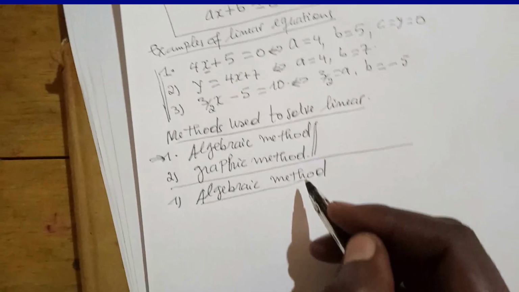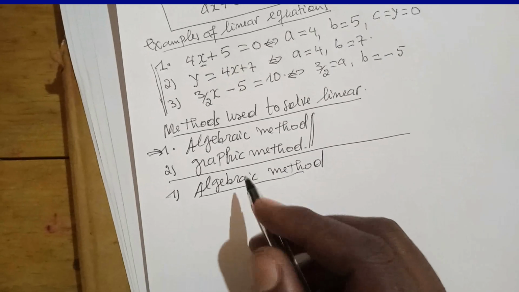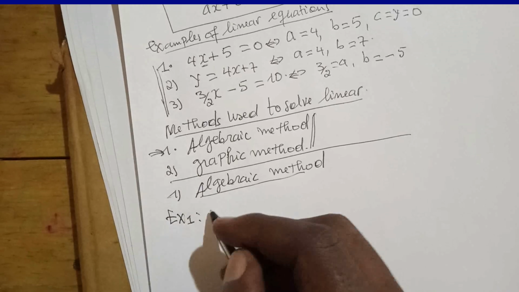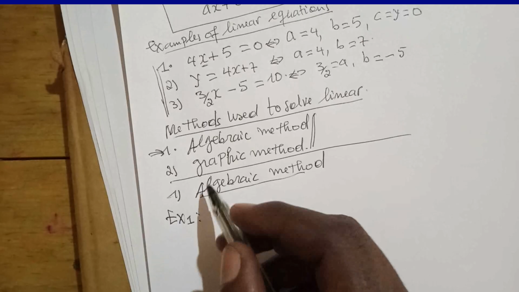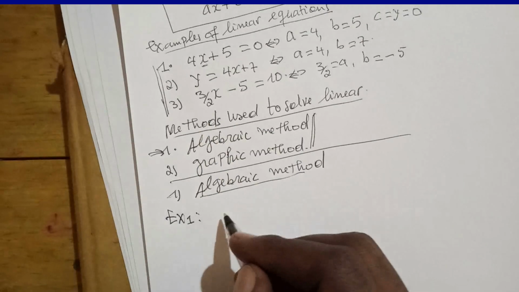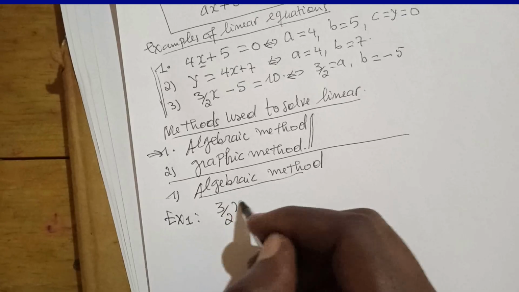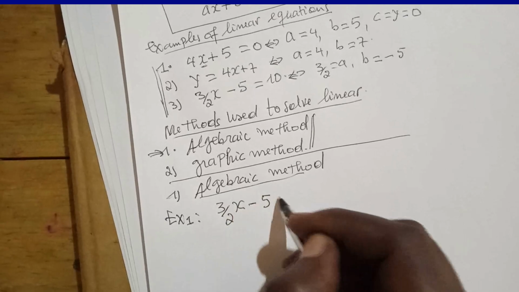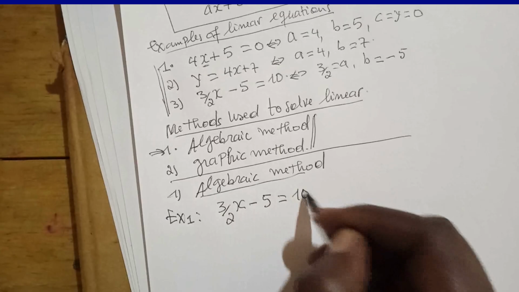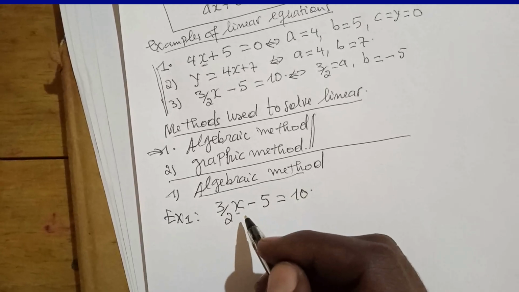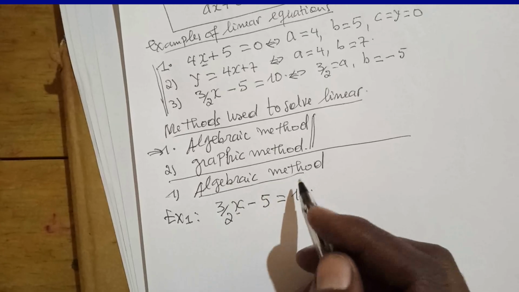Let us take examples. Example number 1, let us take this one. We have 3 over 2 x minus 5 equals 10. We are going to find the value of x in this equation by using the algebraic method.